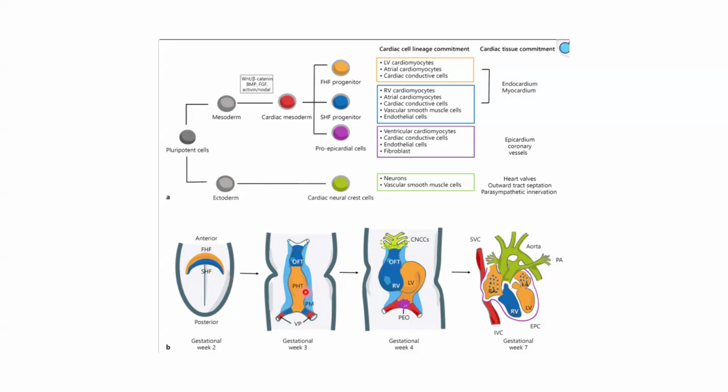And so this is our primitive heart, and it has to now undergo some looping where it goes rightward in this anti-clockwise fashion. So these portions from the first heart field go anteriorly, and then these portions from the secondary heart field come more posteriorly.